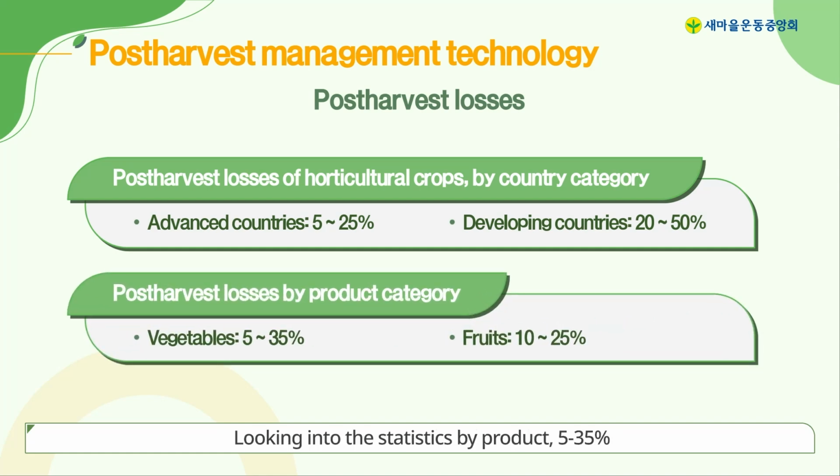Looking into the statistics by product, 5 to 35% losses are reported with vegetables, 5 to 20% with fresh fruit and vegetables produced all year round, such as cucumbers, green peppers, and zucchini, 20 to 35% with long-term storage vegetables and leafy vegetables, such as Napa cabbage, and garlic, and 10 to 25% with fruits.